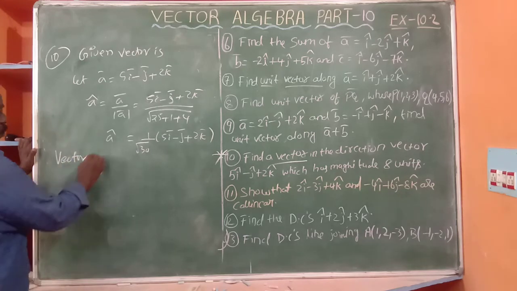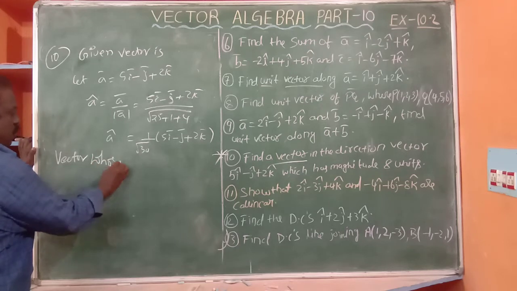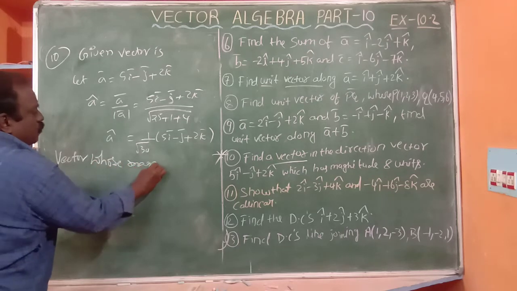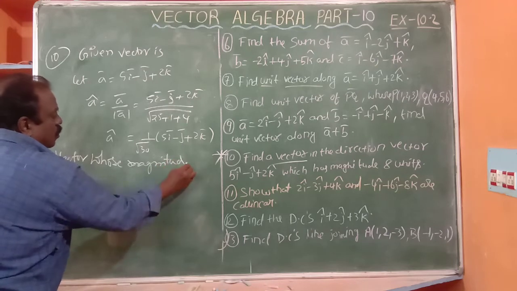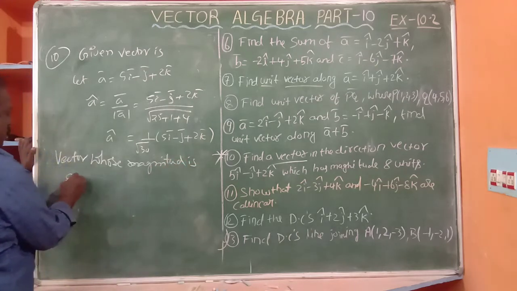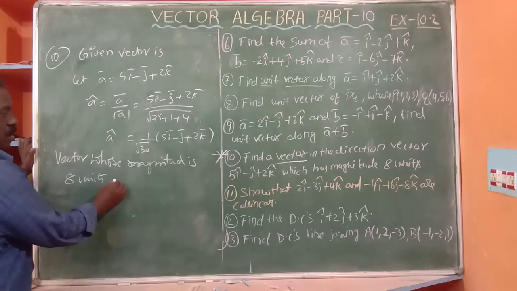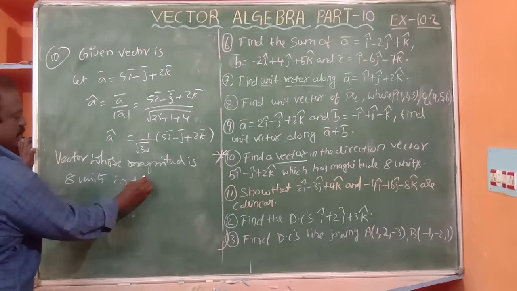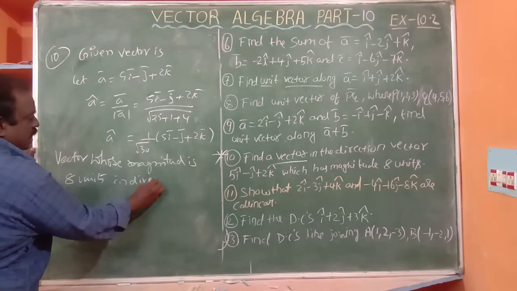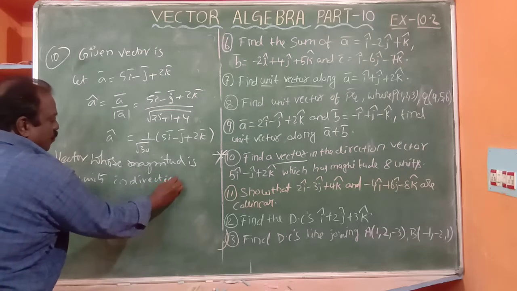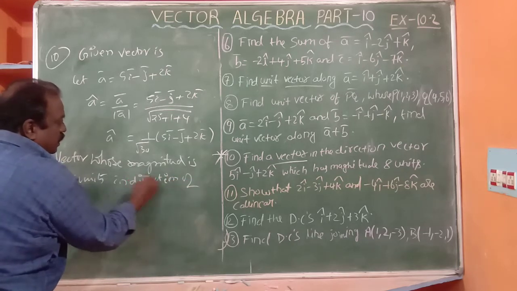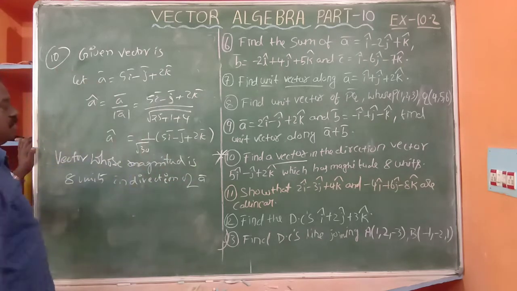A vector whose magnitude is 8 units but in the direction of this A bar.